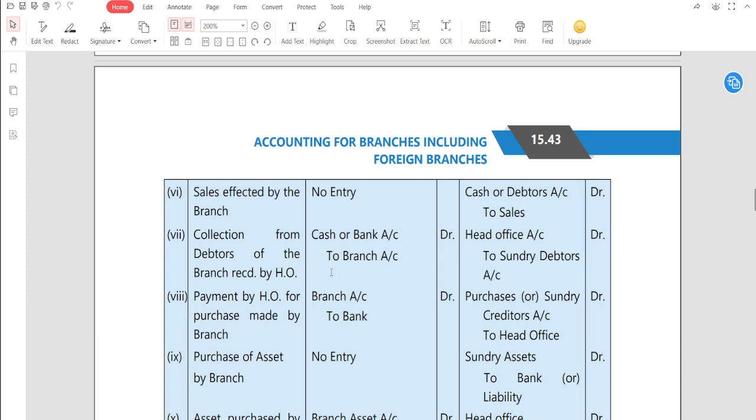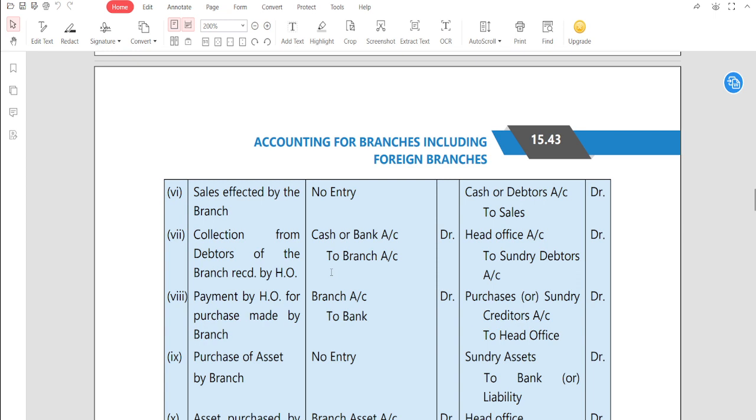Collection from debtors of the branch received by the HO. So HO receives the money which has been collected from the branch debtor. First, in the books of the branch, the journal entry will be: Sundry debtor pays the money, so Sundry debtor is the giver and will be credited. To whom did the branch pay the money?